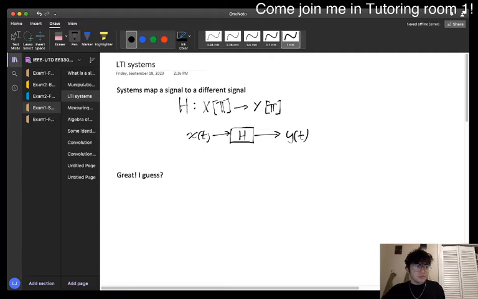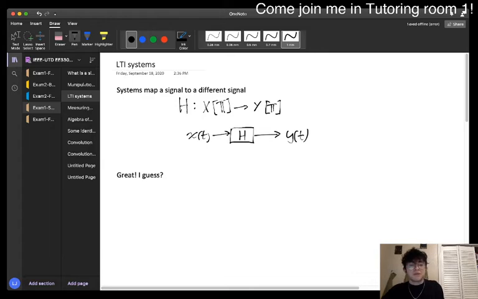So in general, a system is something that just turns one signal into another signal. We typically denote this output as y. And that's really all we can say about just an ordinary system right now. It's just a function that turns a signal into another signal. But we can't actually know how it turns the signal into another.